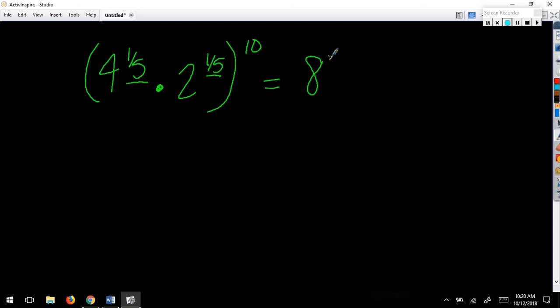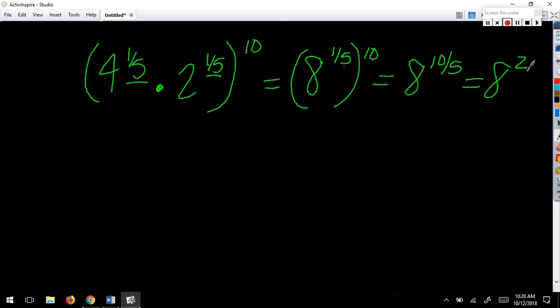So this becomes 8 to the 1/5. Now if you combine the bases, don't also combine the exponents. You can only do one or the other, not both. Now because I've got a power to a power, I multiply. So I get 8 to the second power. You can leave it like that, or you can write it as 64, whichever you prefer.